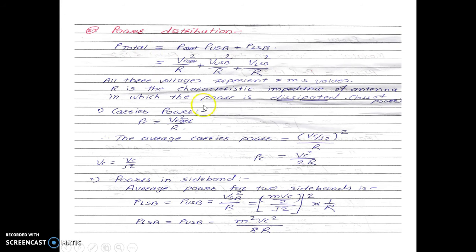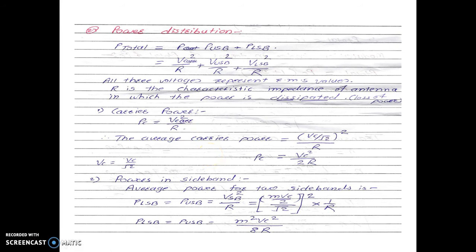Now see here, it becomes V square by R carrier plus V square by R USB plus V square by R LSB. Now find separately the carrier power, USB power and LSB power. The carrier power is denoted by Pc. Pc is equal to V square by R carrier. First find the average carrier power.